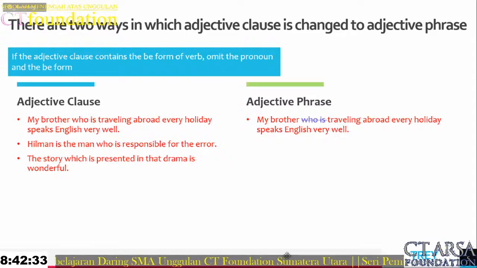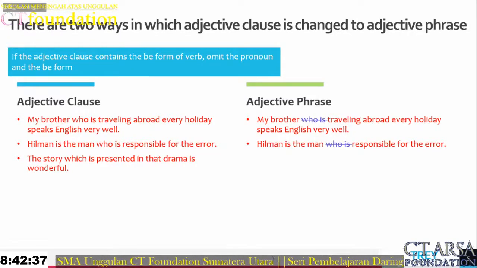Yes, sir. Okay, so now this is sentence number 2. Hilman is the man who is responsible for the error. Again, how do you change it into an adjective phrase? We drop or we omit. Omit meaning kita buang.